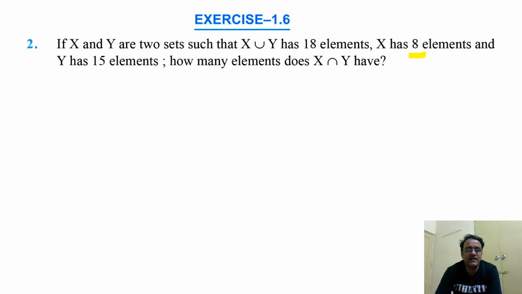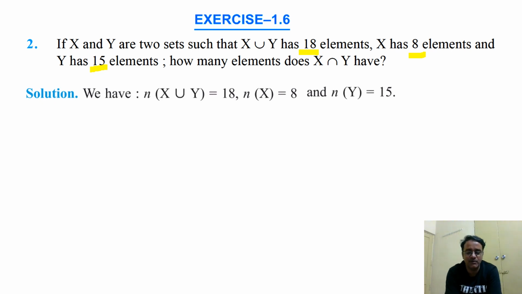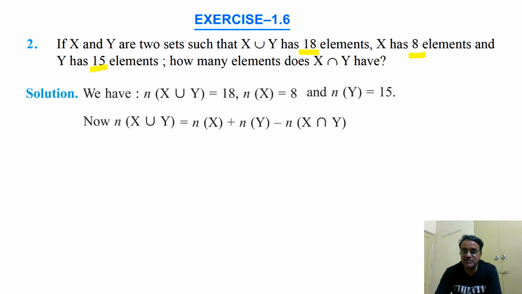And n of y is 15 and n of x union y is given as 18. So we'll write first whatever the given values. Okay, after that we are going to apply the formula we wrote in question number 1. So this is the formula.